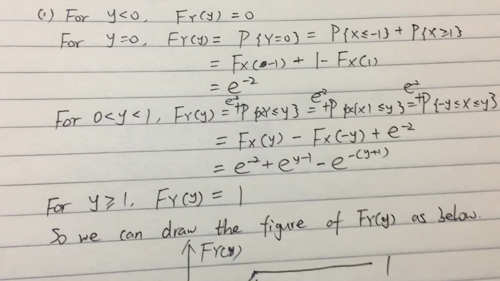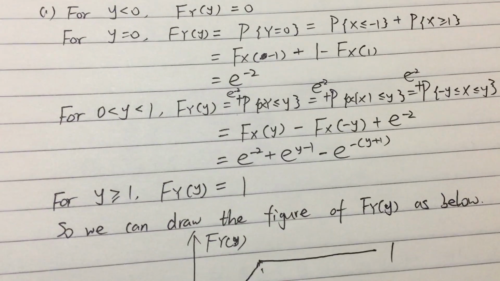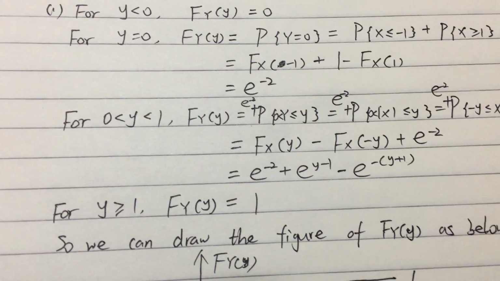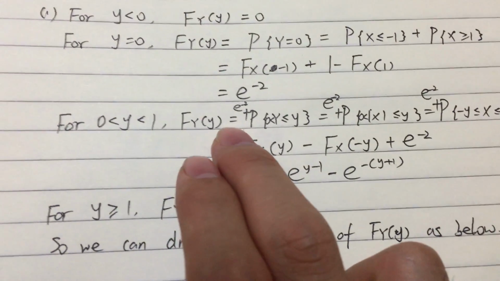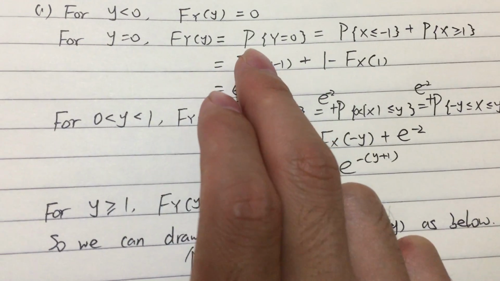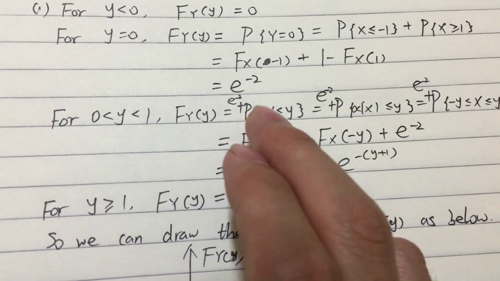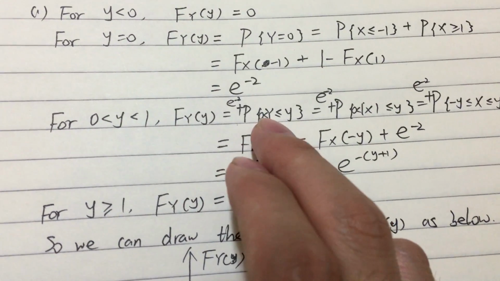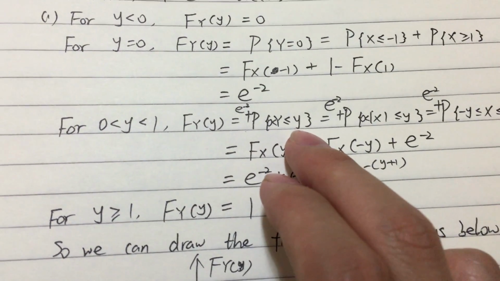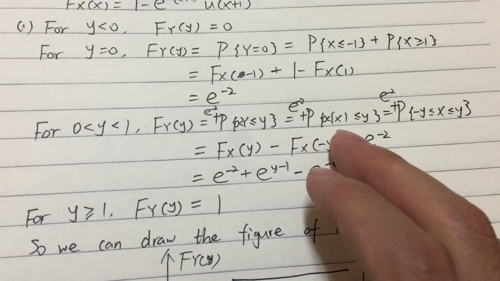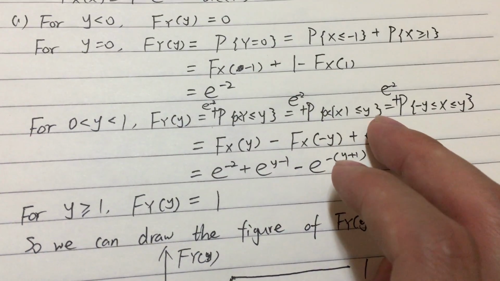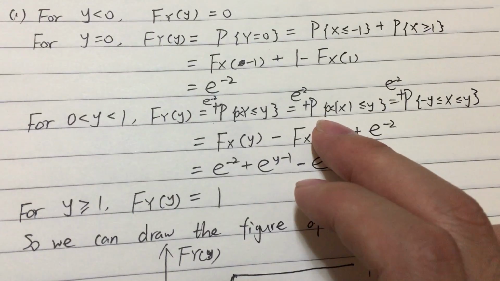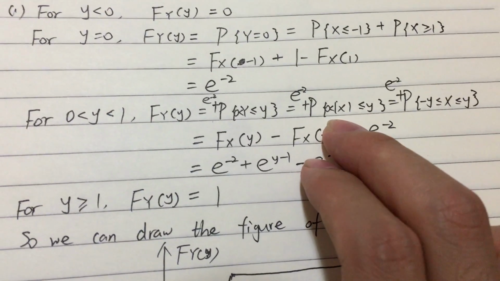And for y between 0 and 1, the big Fy is equal to P(Y=0) plus P(0 less than Y less than or equal to small y), and this can be written down like this: e^(-2) plus P(0 less than absolute value of x less than or equal to y).